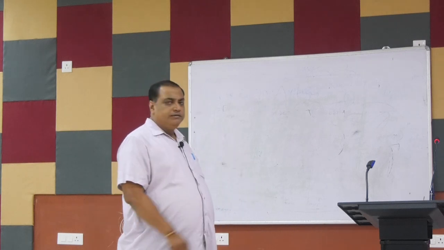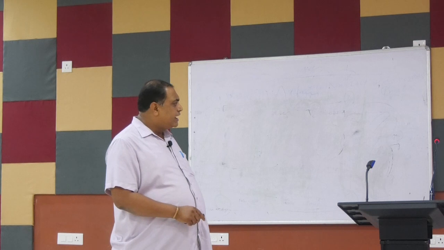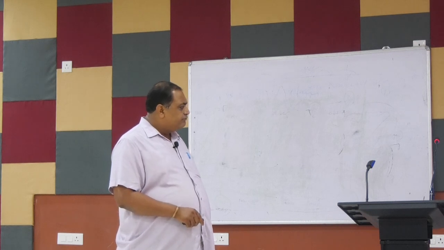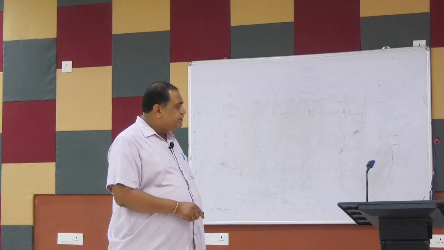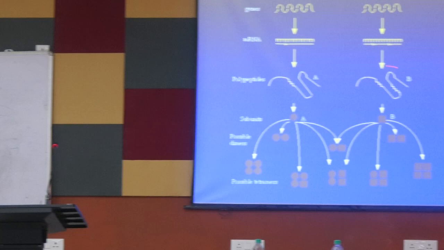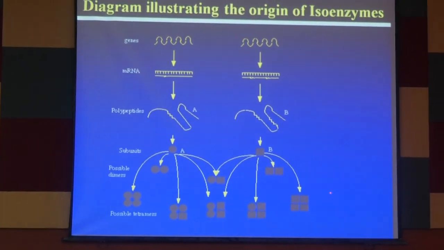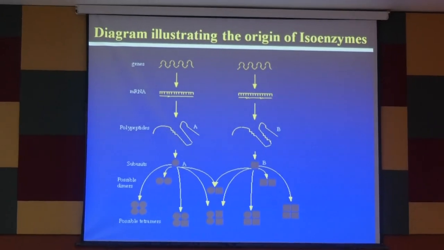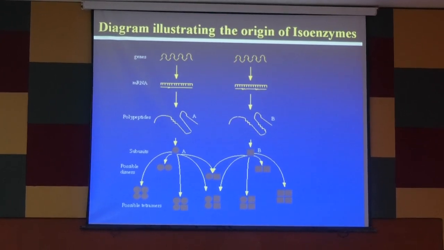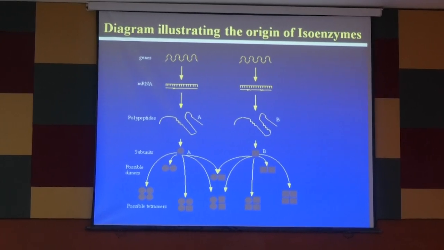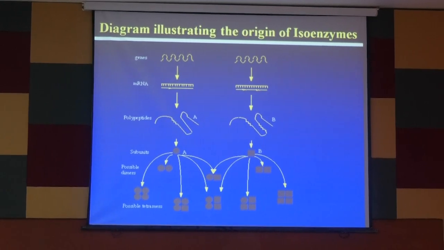So A and B combine, 2A and 2B combine, and it forms like this. But if all 4 residues are H, it is H4. If all 4 are M, it becomes M4. So M4 is completely skeletal muscle in origin, and H4 is cardiac muscle in origin.